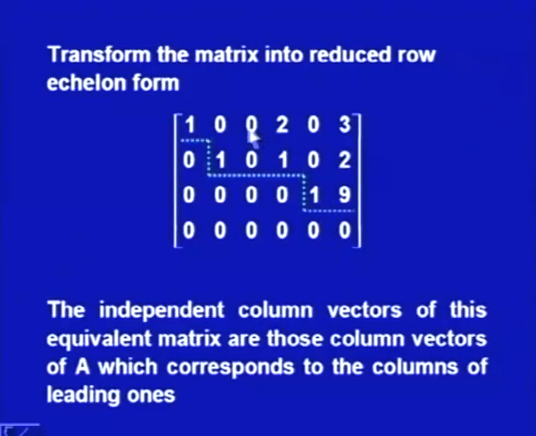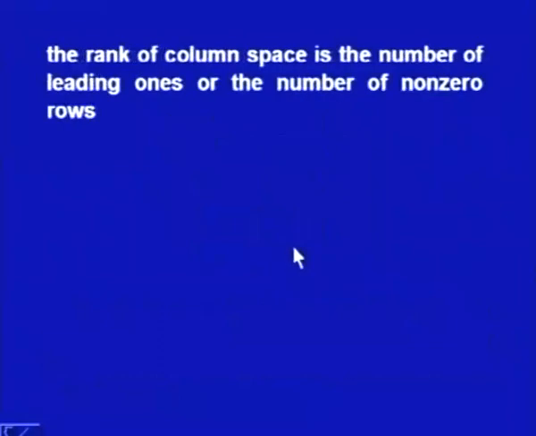All the other vectors are linear combinations. So, we have only these three vectors which are linearly independent. So, we have 3 rows, 3 leading ones. So, 3 vectors will form the set of linearly independent vectors, and that is why we say row rank and column rank are equal. So, the rank of the column space is the number of leading ones or the number of non-zero rows, and this proves that row rank is equal to column rank.